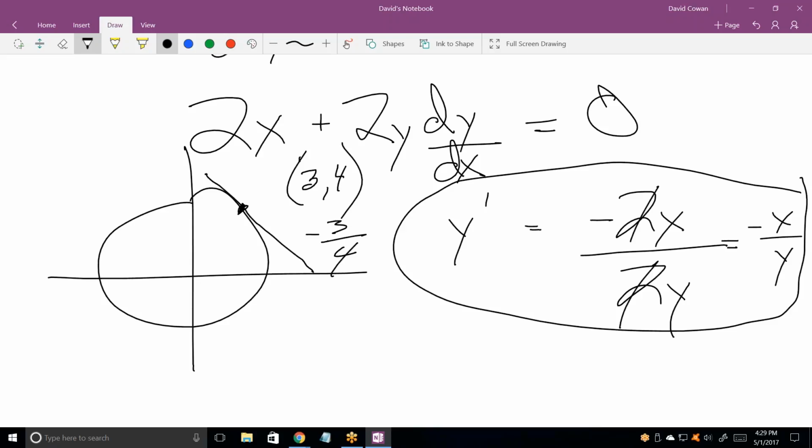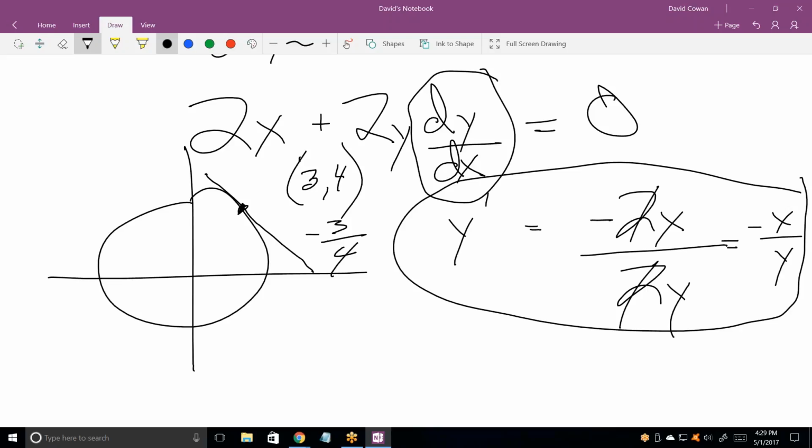In other words, if you're dealing with a function, well, this actually is not a function. Notice that we started with a circle, which is not a function, it's a relation. But we can still implicitly differentiate it and solve for dy dx, which would be the slope at any point on the circumference of that circle.